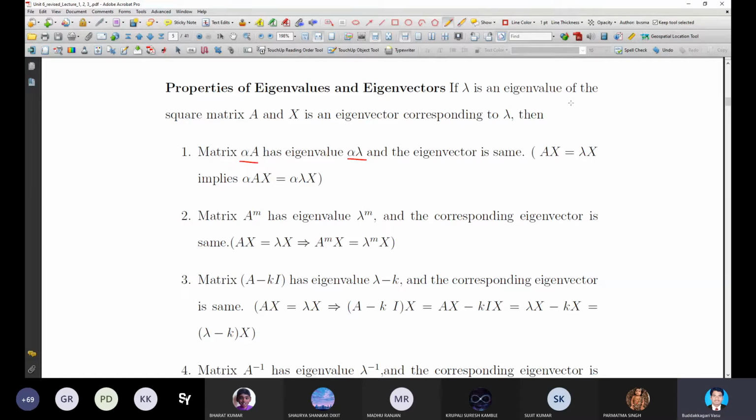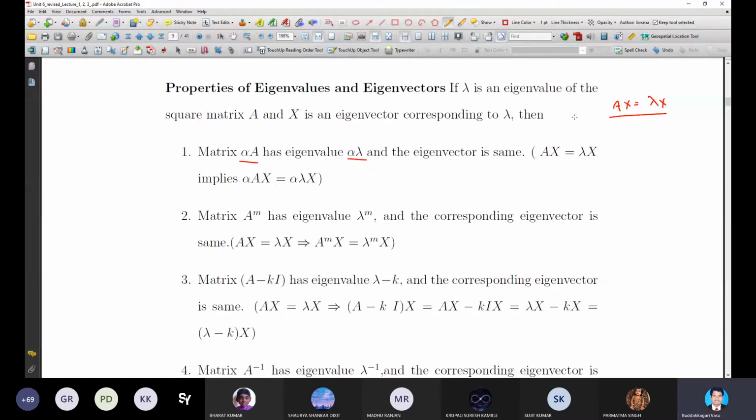If lambda is the eigenvalue of a square matrix A and X is an eigenvector corresponding to the eigenvalue lambda, that means they satisfy the matrix equation Ax is equal to lambda x, where lambda is the eigenvalue and x is the eigenvector corresponding to the eigenvalue lambda. This is the definition of the eigenvector and eigenvalue.